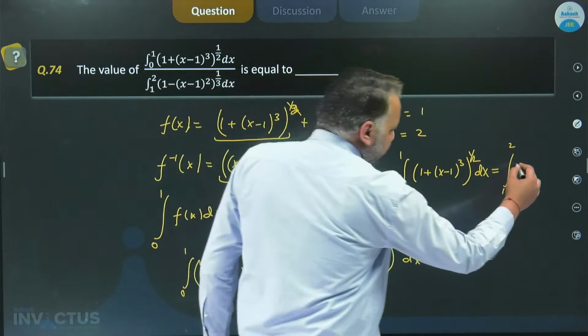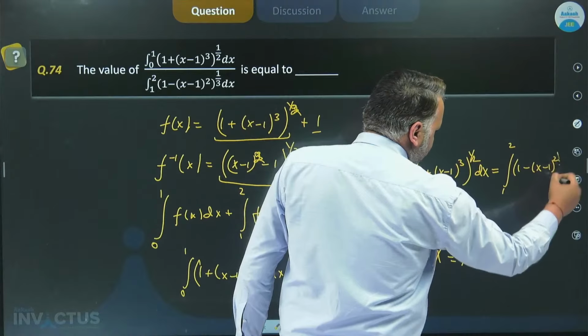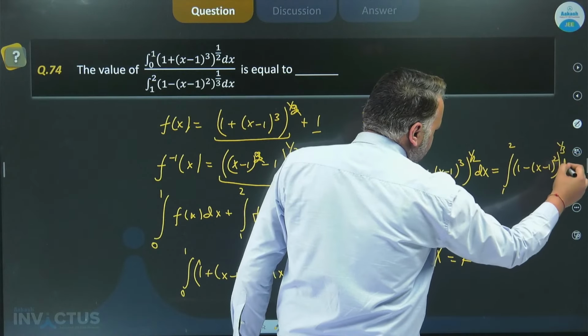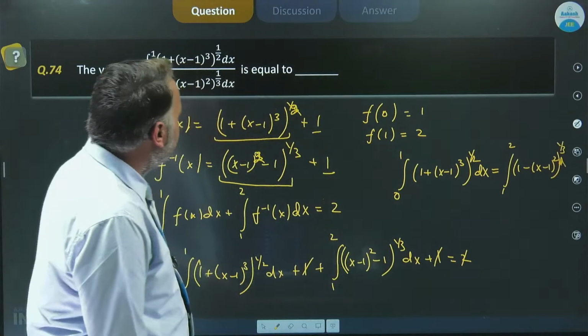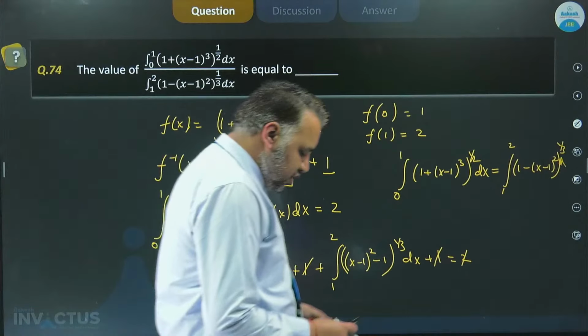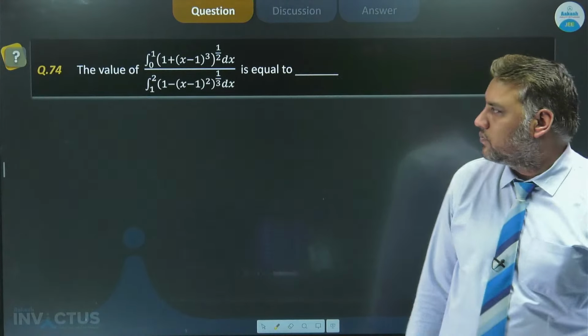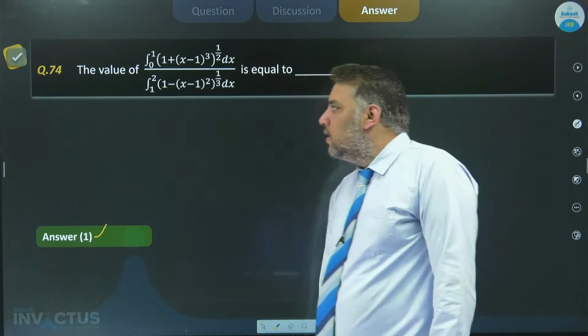So I can write it as minus the integral of ((x - 1)^2 - 1)^(1/3) dx. Okay, so basically we have proved that both numerator and denominator are the same. So this ratio must be 1. So 1 is the correct answer.